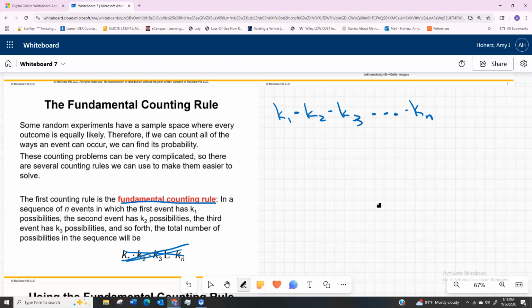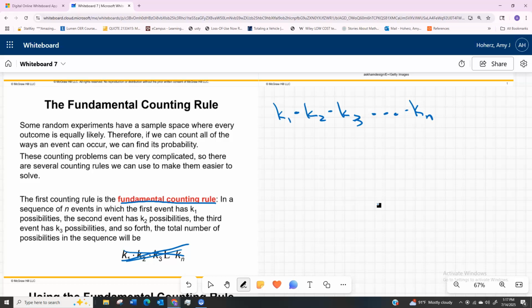Well, if we have 5 ways to do the first thing, then 2 ways to do the second thing, then 3 ways to do the third thing, we're going to take 5 times 2 times 3. Take a real simple example, like being at a buffet at a wedding.